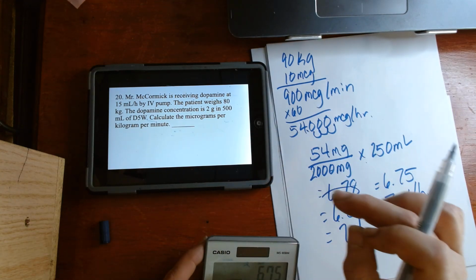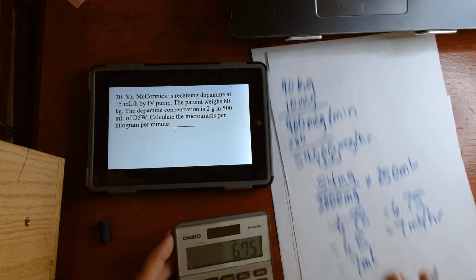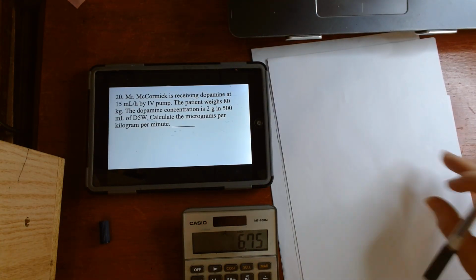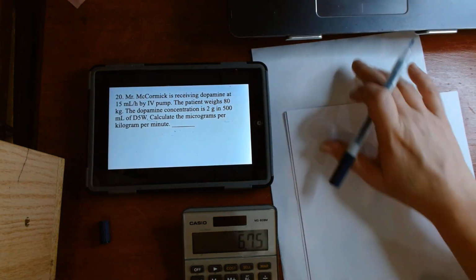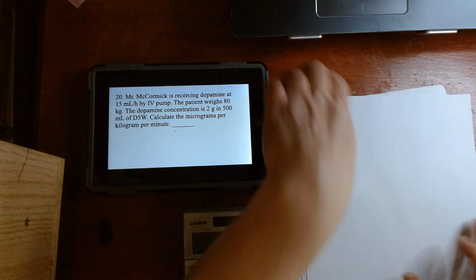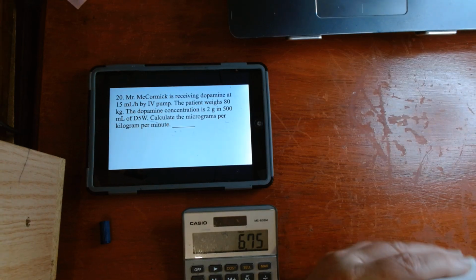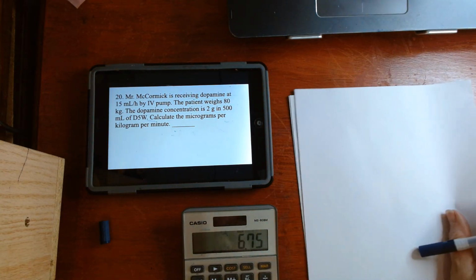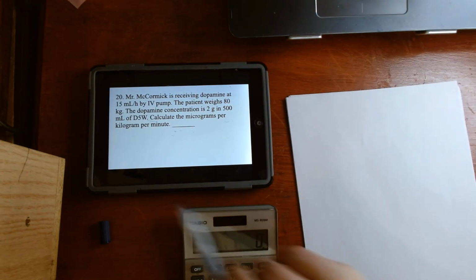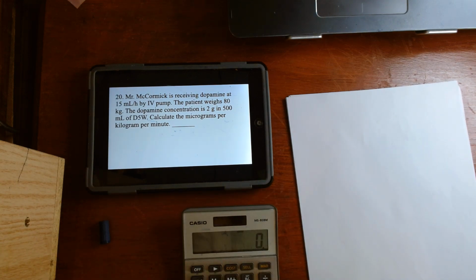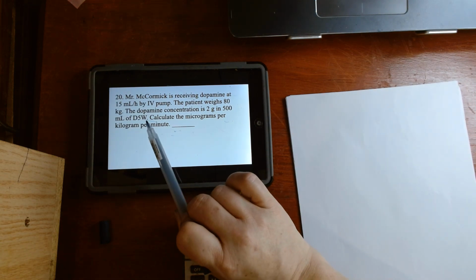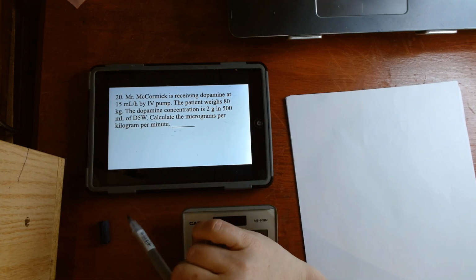Okay. Now this one, it's going to require big boy and big girl pennies. But let's do it. Just take a deep breath. Here we go. Mr. McCormick is receiving dopamine at 15 milliliters per hour by IV pump.